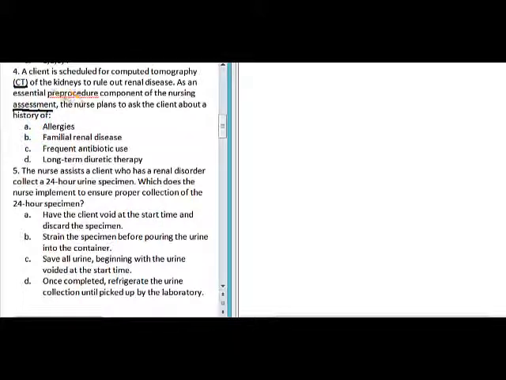Which is an important pre-procedure assessment for a client undergoing CT scan? CT scan may or may not involve dye. So the option that has something to do with dye is letter A, allergy. Clients who have allergy to seafoods tend to be allergic to the dye too, because both of them are iodine based.